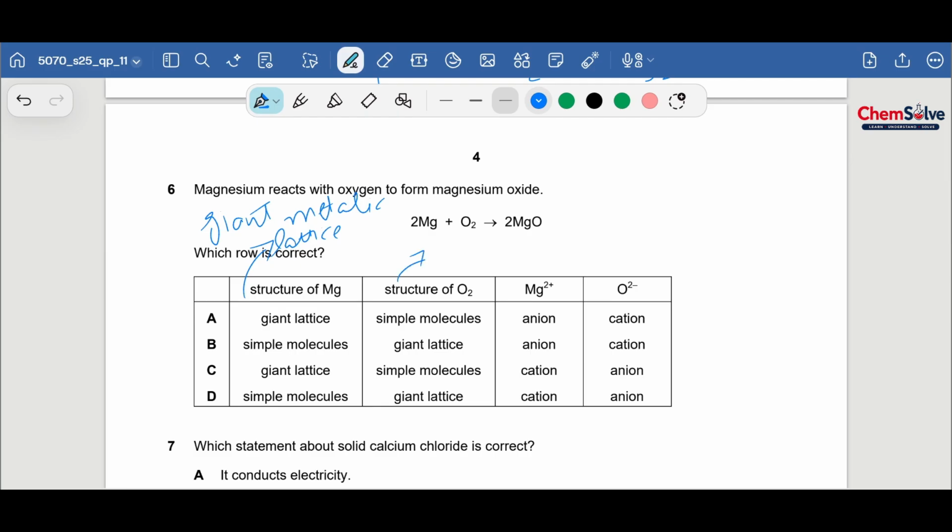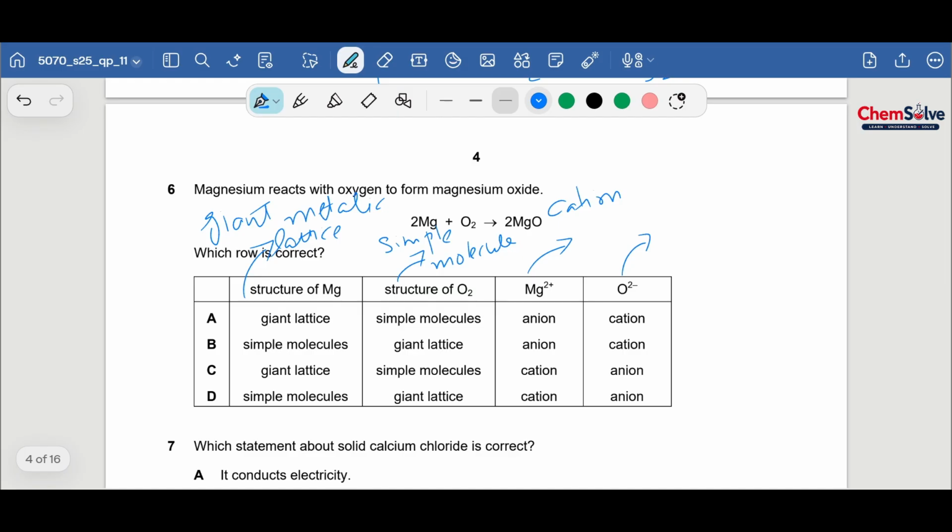Oxygen is a covalent molecule, so we can say it is simple molecule. Alright. Mg positive 2 is positively charged, so it is a cation.